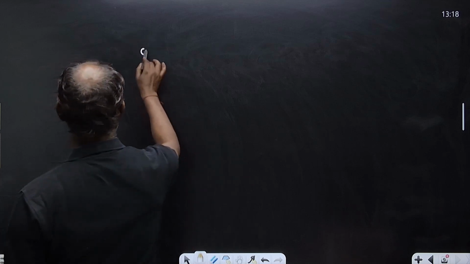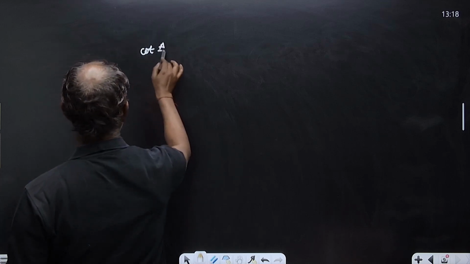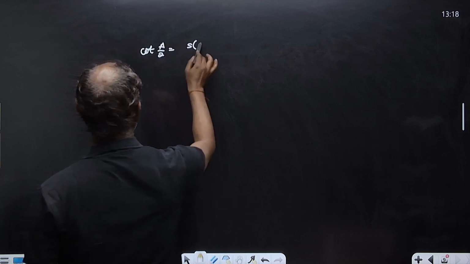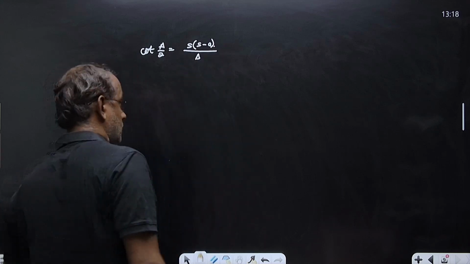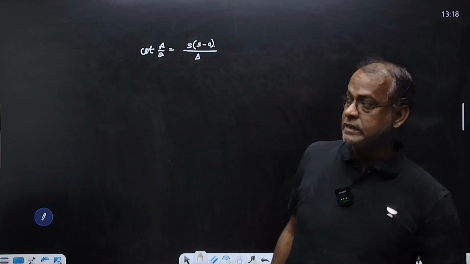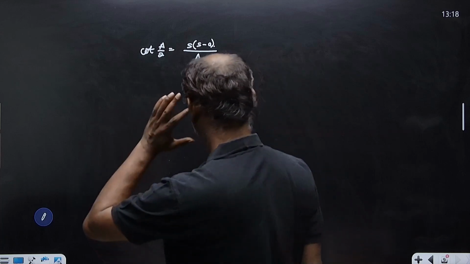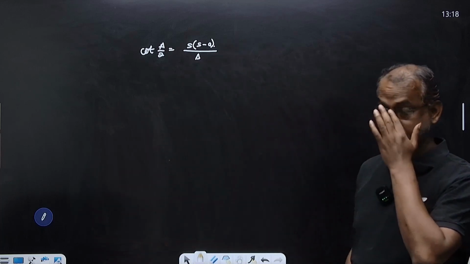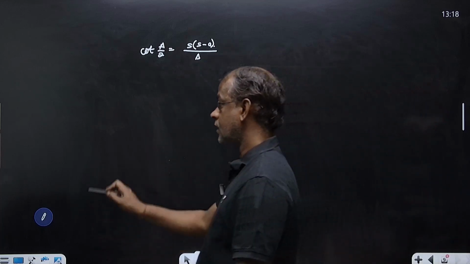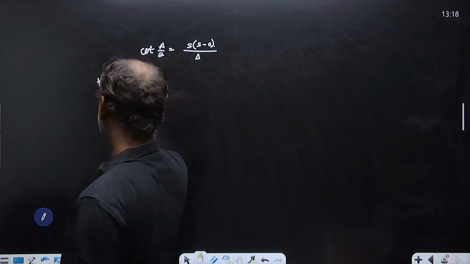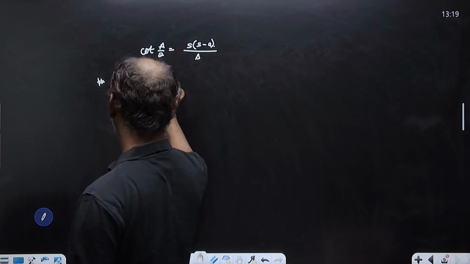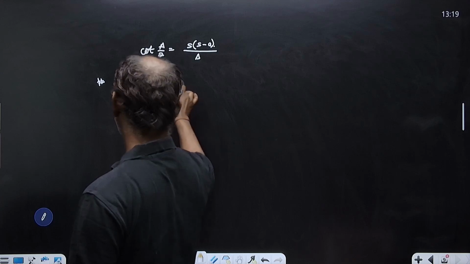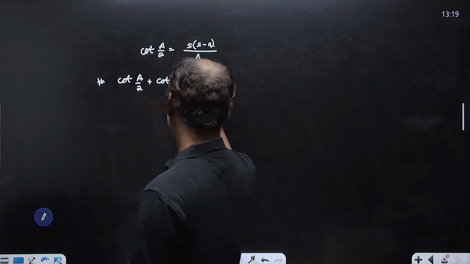Okay, so cot A by 2 is, you can very easily see, that cot A by 2 plus cot B by 2 plus cot C by 2.